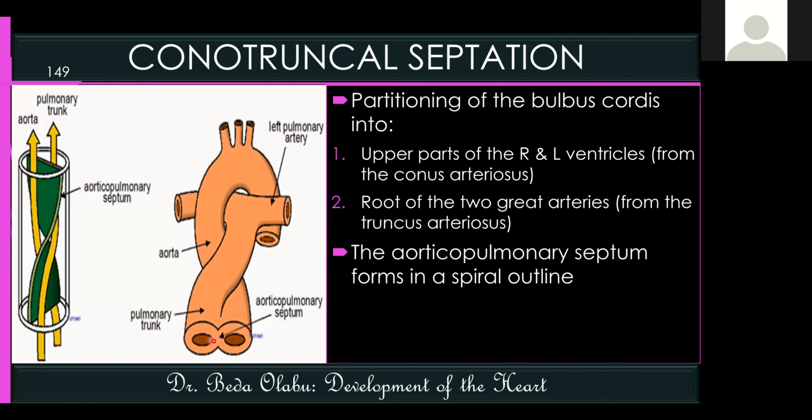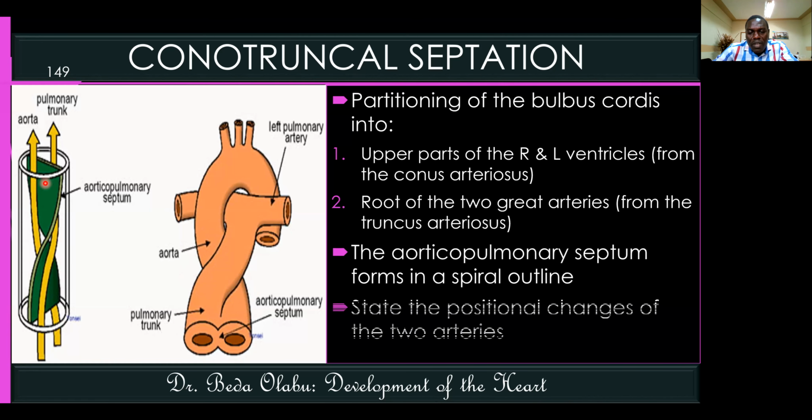And that is why lower down, the pulmonary trunk is on the right and aorta is on the left. Somewhere in the middle, pulmonary trunk is anterior, aorta is posterior. And up here, aorta is on the right, pulmonary trunk is on the left. It is because the aorticopulmonary septum has a spiral outline.